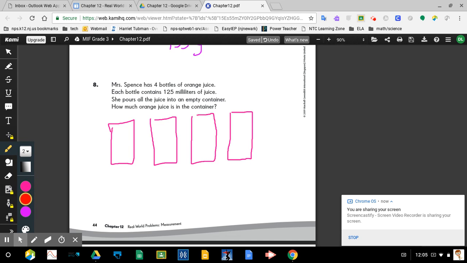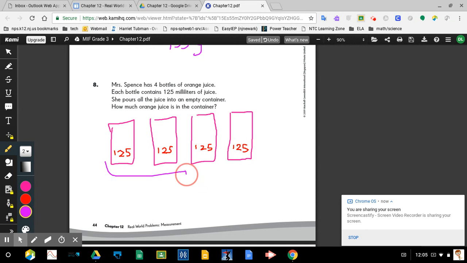So here's 125 in this one, 125 in this one, 125 in this one, and of course this one also has 125. She pours all the juice into an empty container. How much orange juice is in the container?